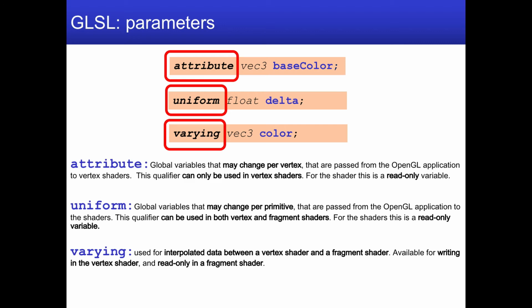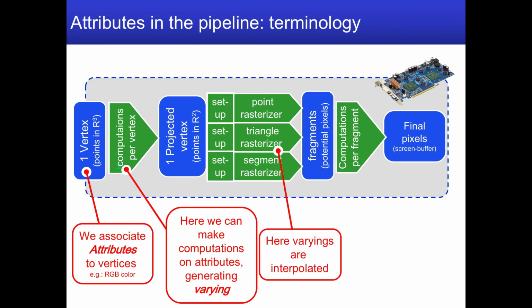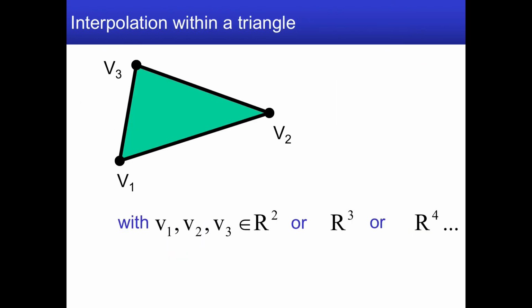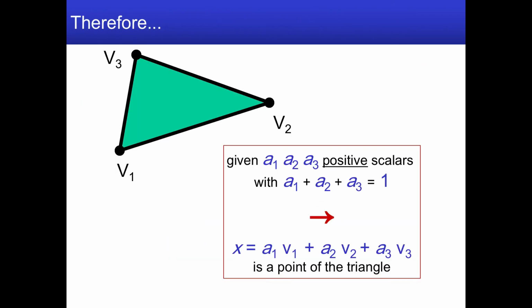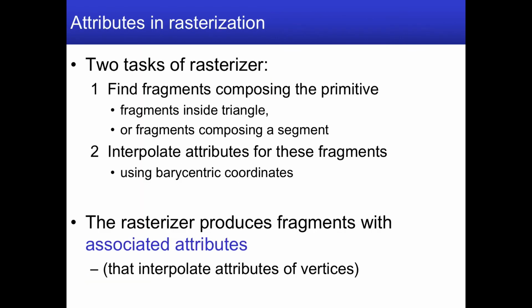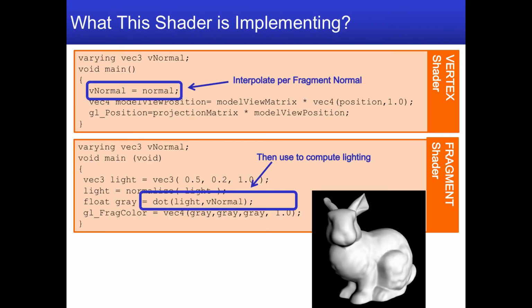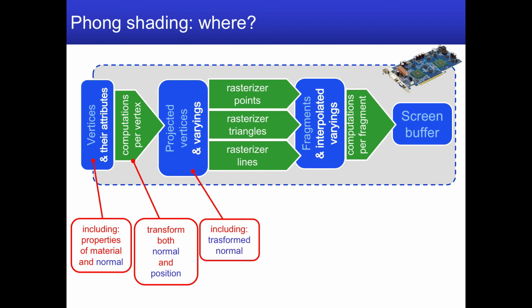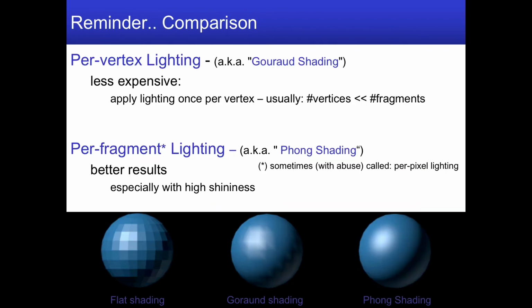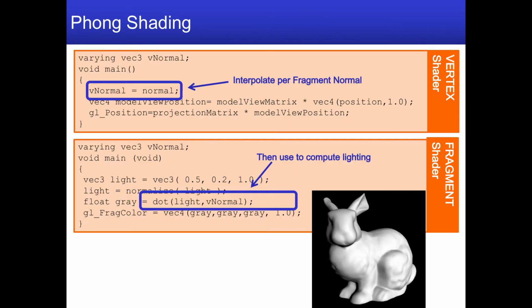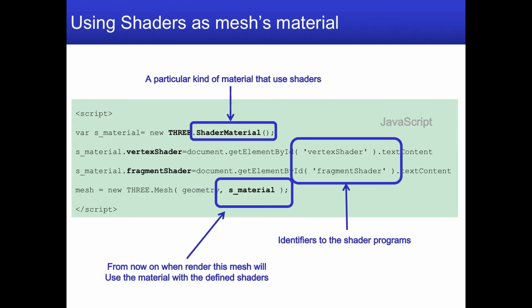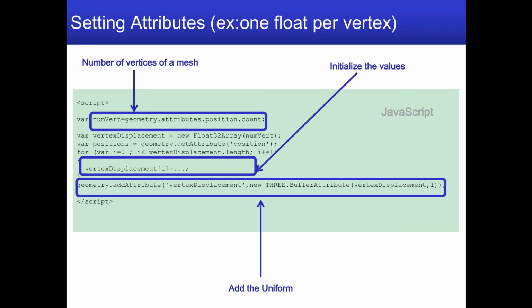Attributes are defined per vertex, so I should be able to pass a different value for each vertex. The way I do it is simply this way, right?